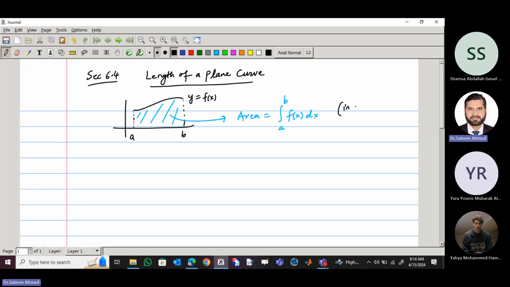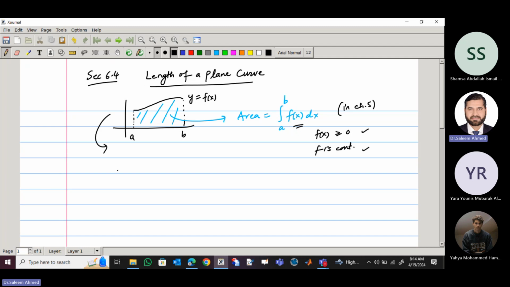Here we have two conditions on our function: f(x) is greater than or equal to 0 and f is continuous. If these two conditions are satisfied, we can find the area.